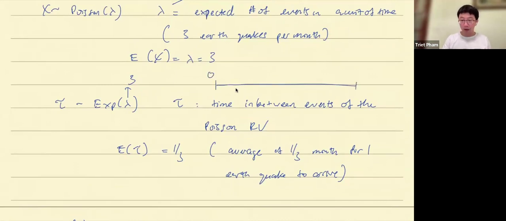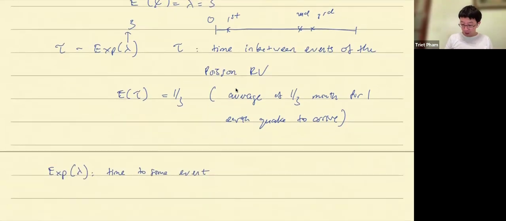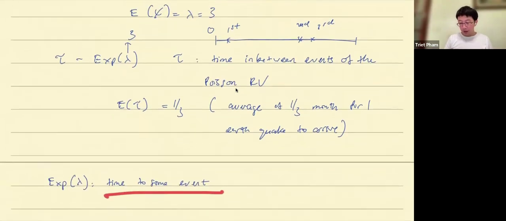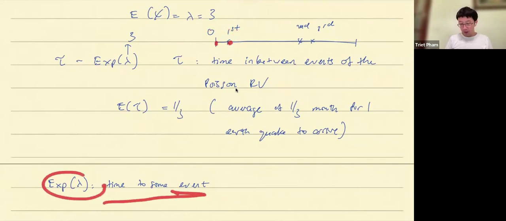So this is the beginning of time. This is your first event. This is your second event. This is your third event. Notice the lengths are kind of random. That's because they're exponential random variables. So time to some event. And for all intents and purposes, you can focus on this time from now to the first event, and that's the exponential lambda.